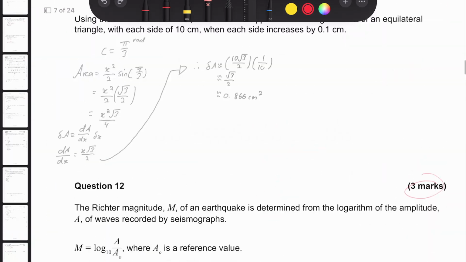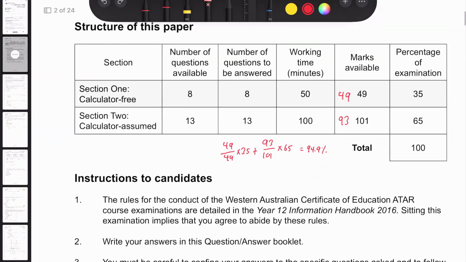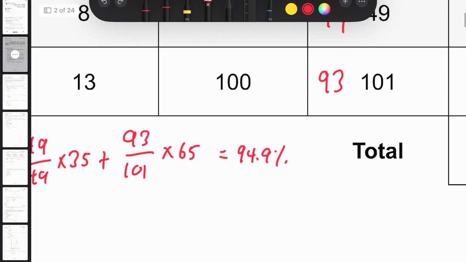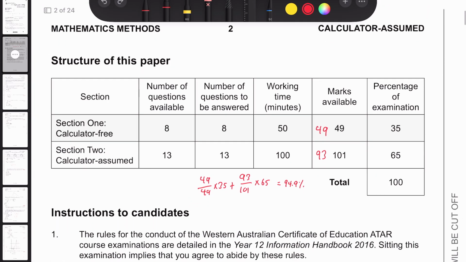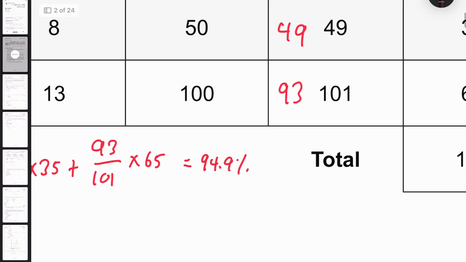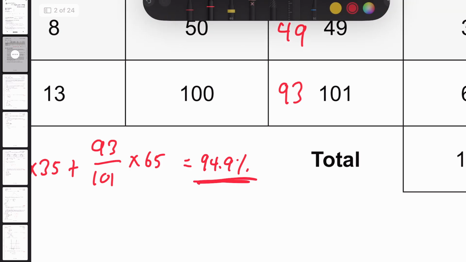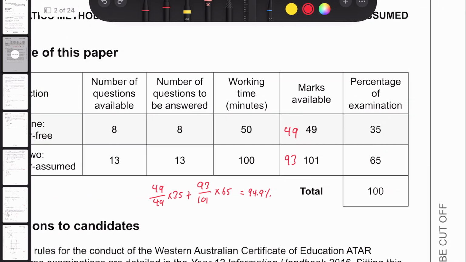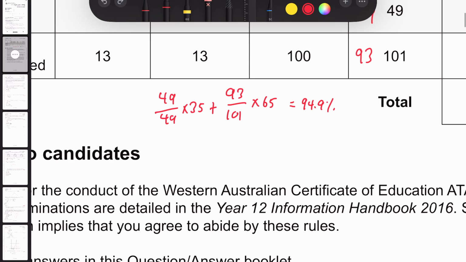So our final percentage, I already showed you at the start, but it was 94.9%, which is decent, I guess. I would like this to be 95, 96 or above. But yeah, my average for methods right now after my mock, I got 98 on my mock, which was damn impressive.